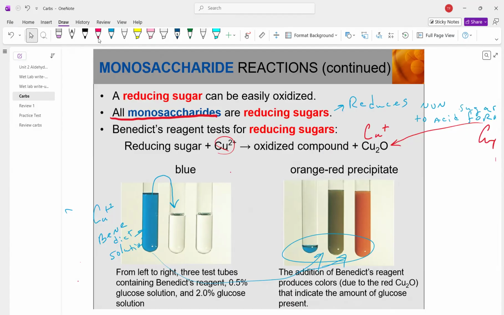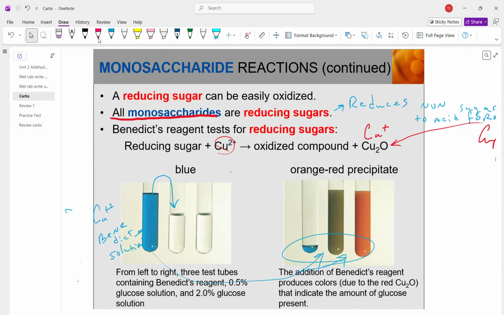The only time it'll open up is if it's a hemiacetal. So somewhere on the molecule, say it's a polysaccharide, that means we have monosaccharides all over the place, one and one. If one of them has a hemiacetal in it, it's a reducing sugar. So that's the key to look for on this reducing sugar.